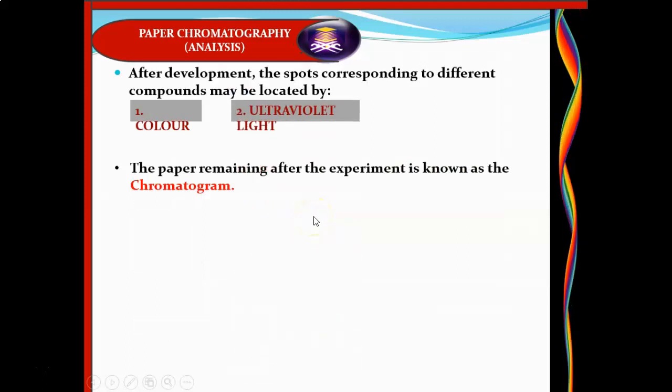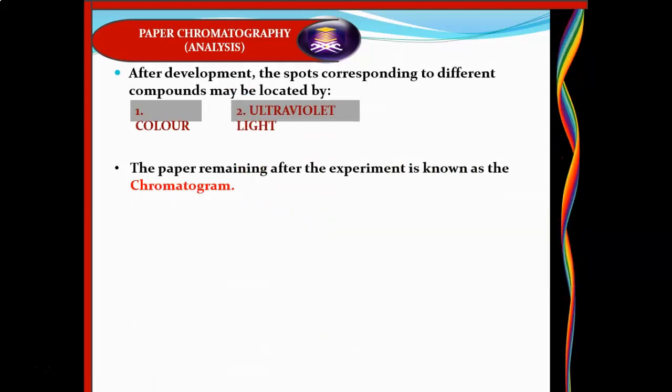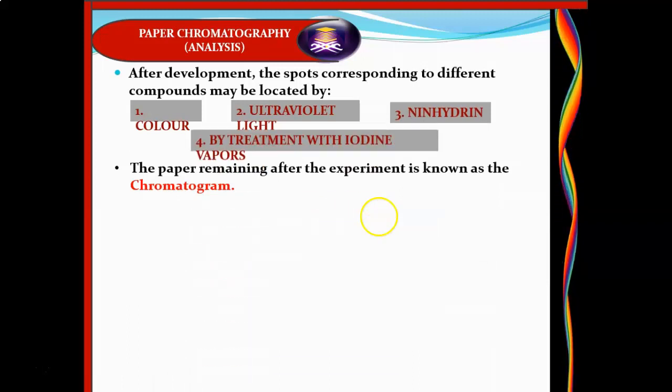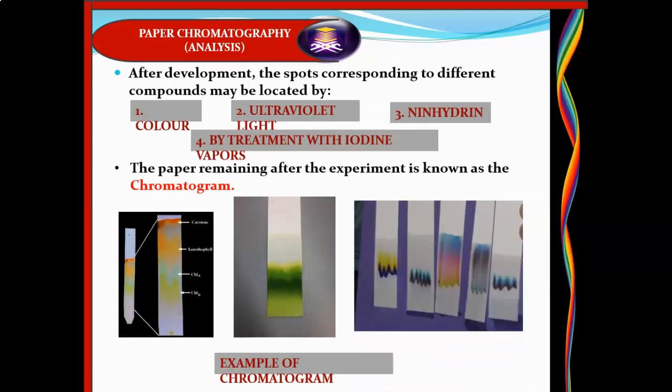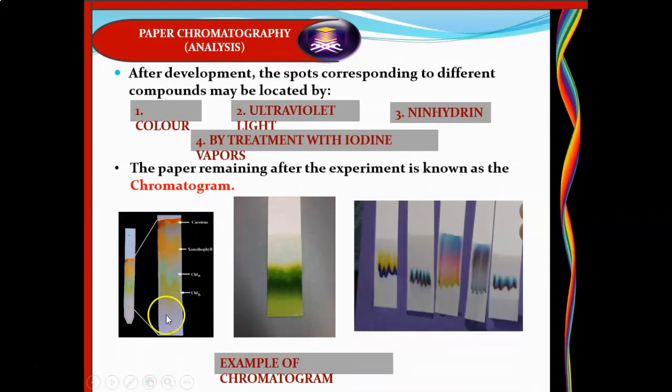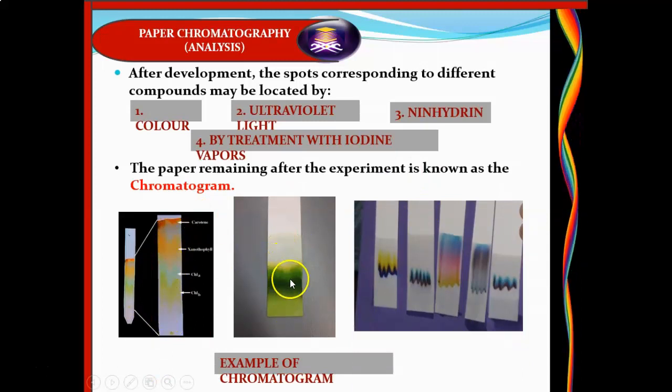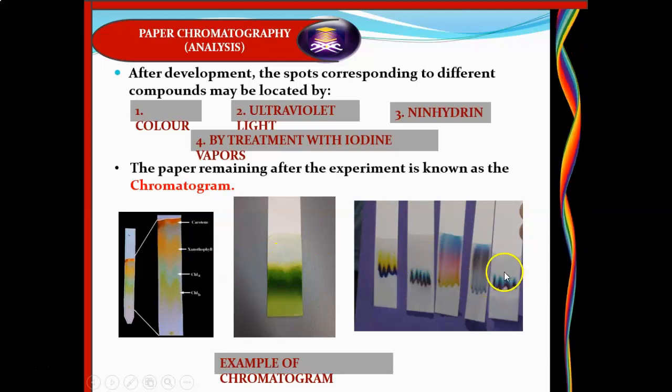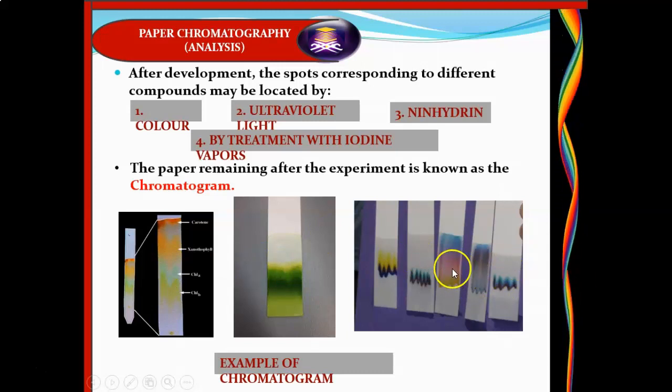Okay, after development, the spots corresponding to different compounds may be located by color. Okay, lepas kita dah buat testing ni kan, dia akan jadi macam ni lah. Several mixture ni dia akan separate kan. Macam mana korang nak tengok dia punya separation ni?